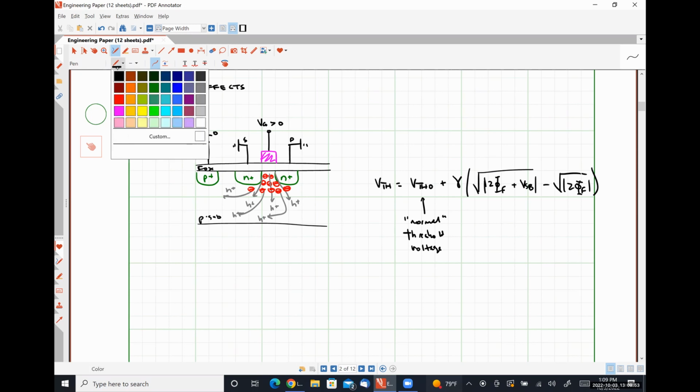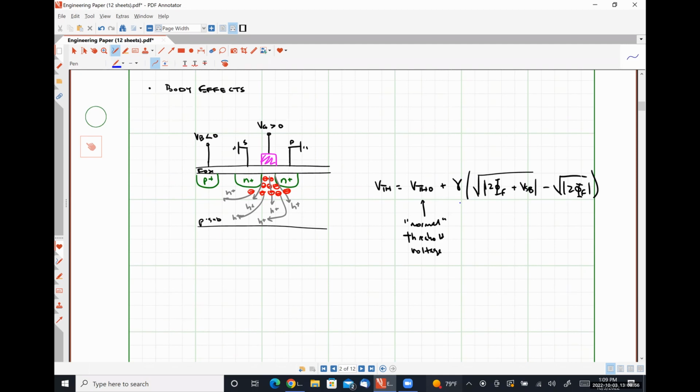This gamma is our body effect coefficient.